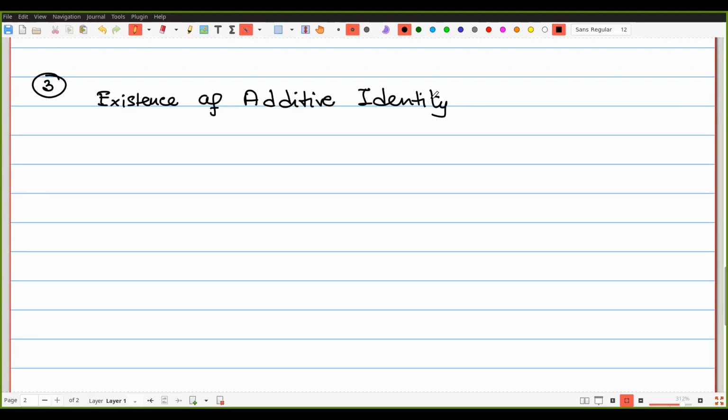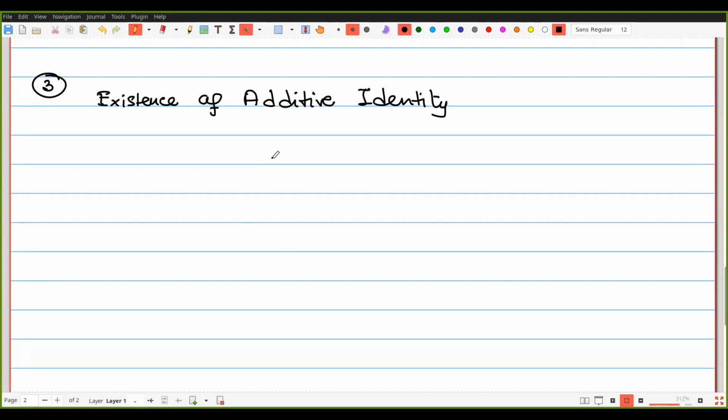Remember the term for matrix addition: existence of additive identity. Identity means whatever value you have, you get the same value.